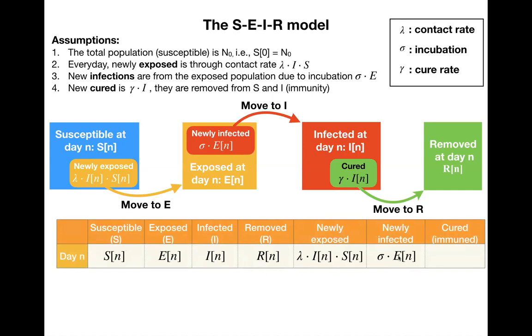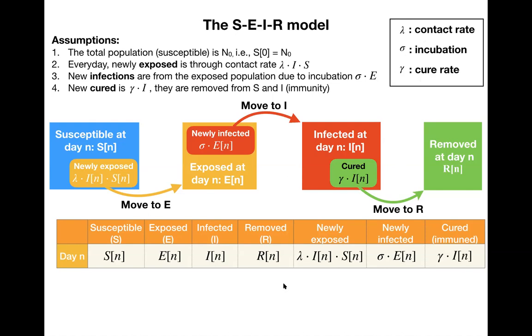Sigma is usually 1 over the incubation period; for the coronavirus, it's 1 over 14 or 1 over 10. The cured is the same, gamma times I. So I have 3 parameters, lambda, sigma, and gamma: the contact, incubation, and cure rates.